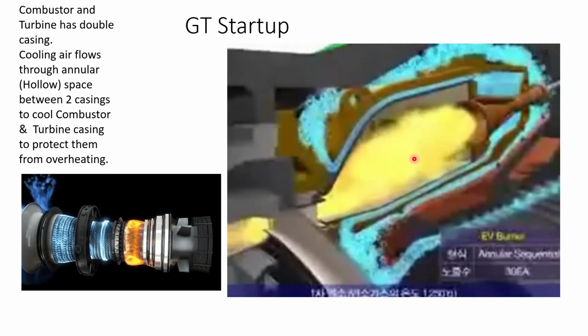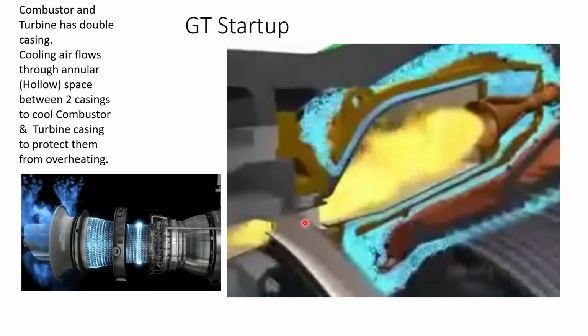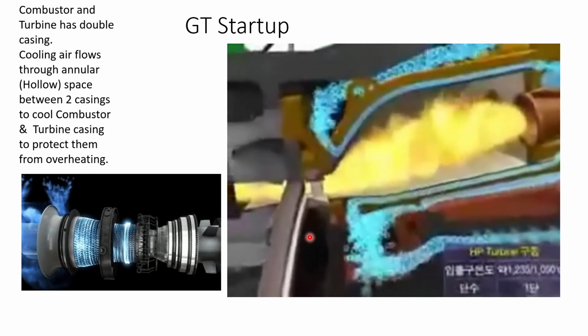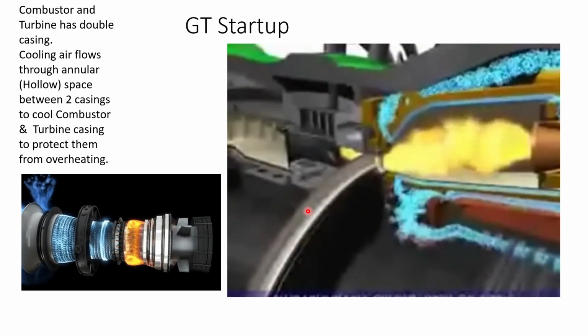So you see this is now the combustion portion. From here the hot gases will pass through the turbine section.